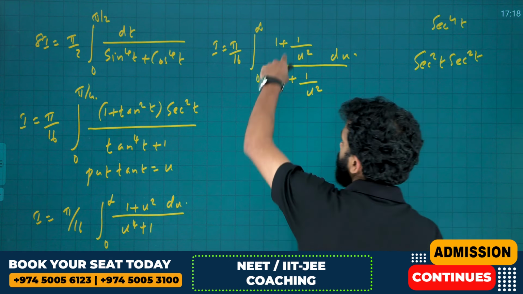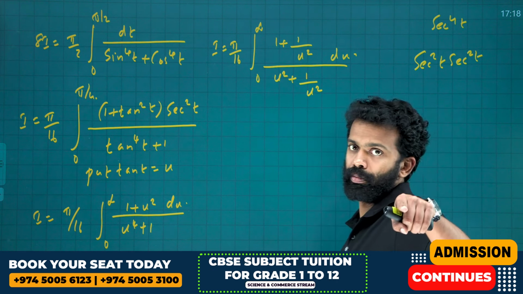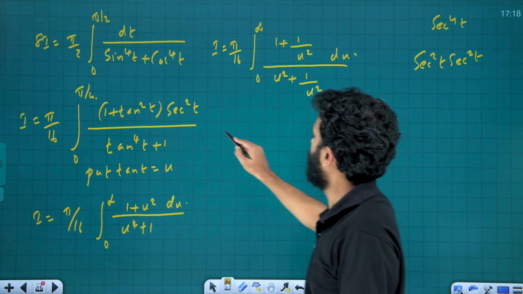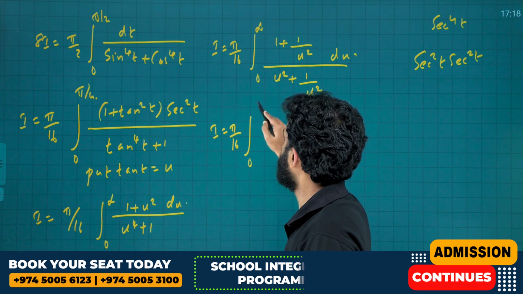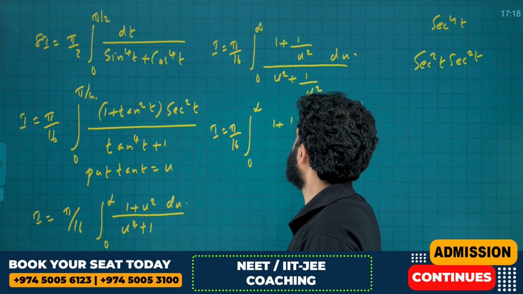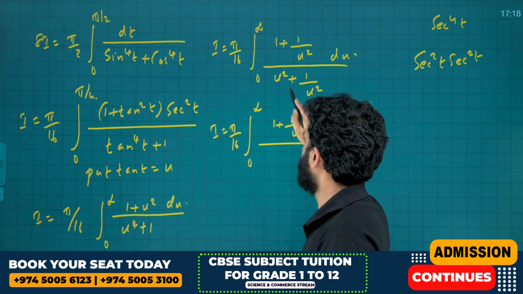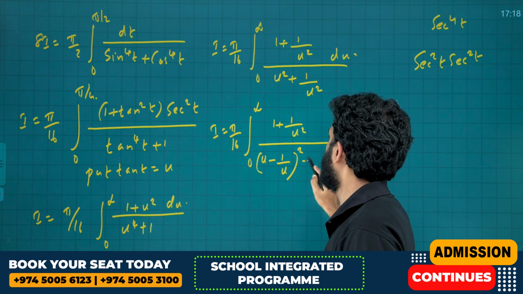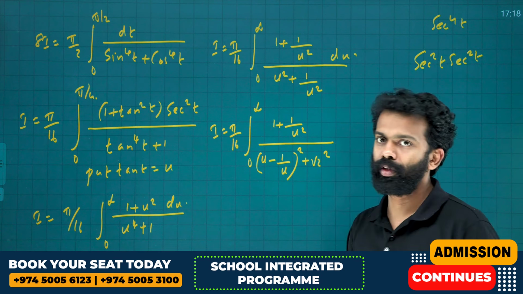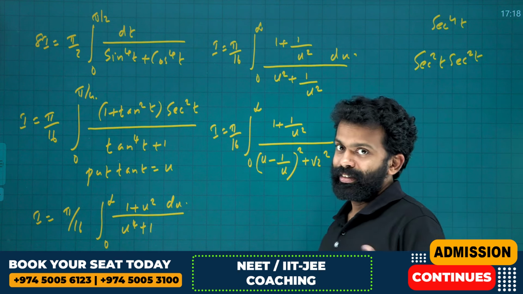And we know that this is the derivative of u minus 1 by u, right? So this can be written as 1 plus 1 by u square divided by u minus 1 by u the whole square plus root 2 square. Another substitution.